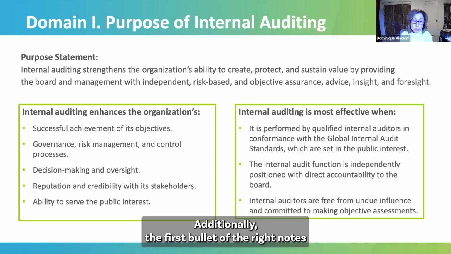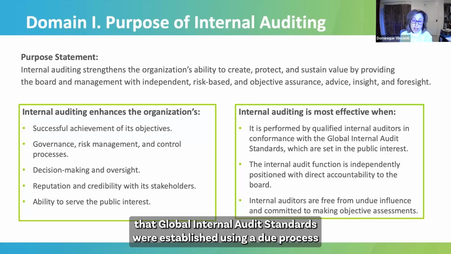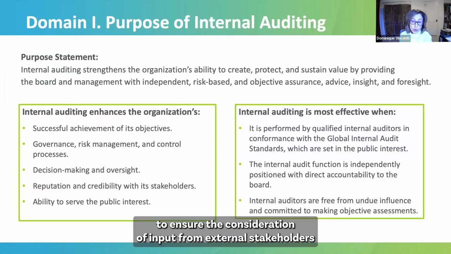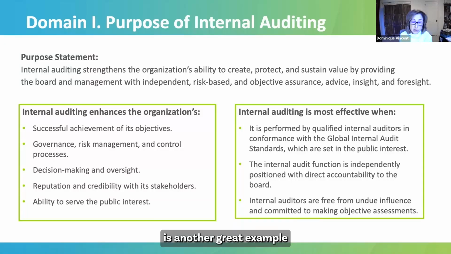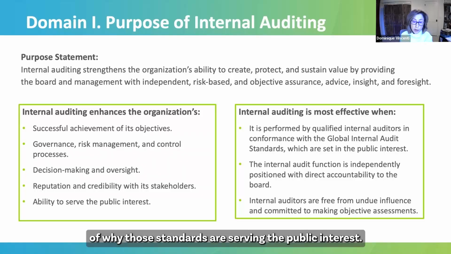Additionally, the first bullet on the right notes that global internal audit standards were established using a due process to ensure the consideration of input from external stakeholders, which is another great example of why those standards are serving the public interest.